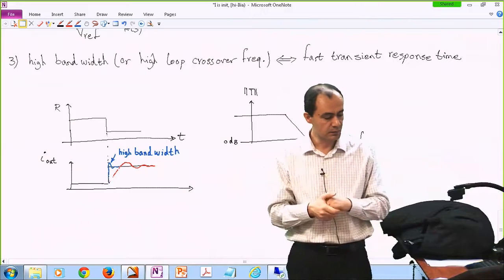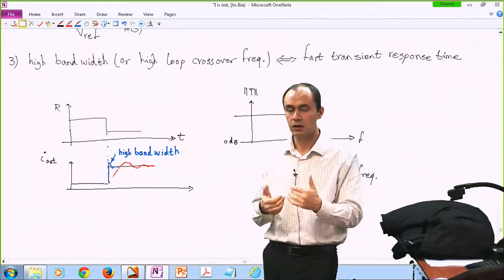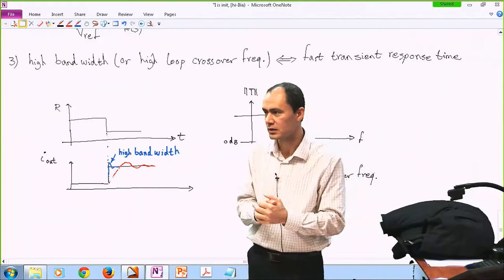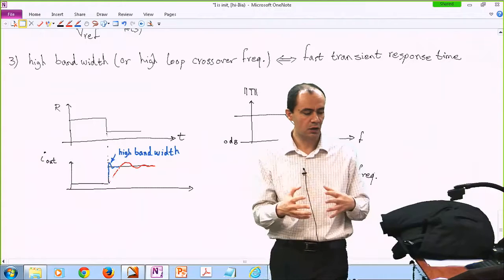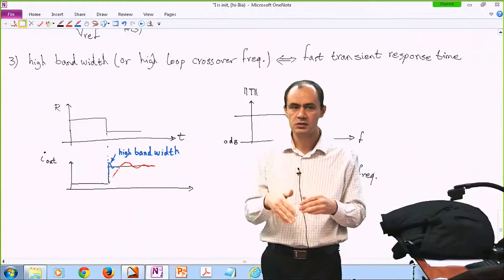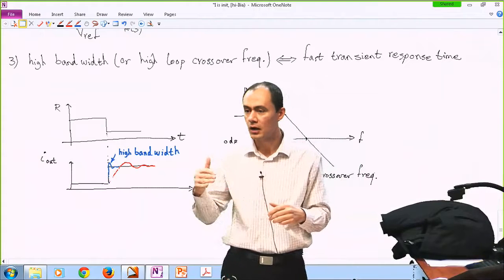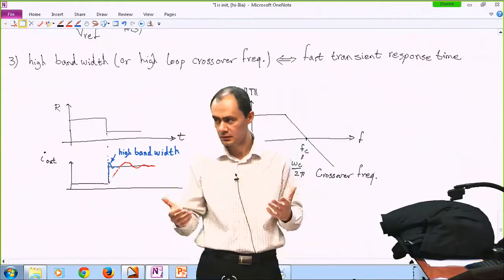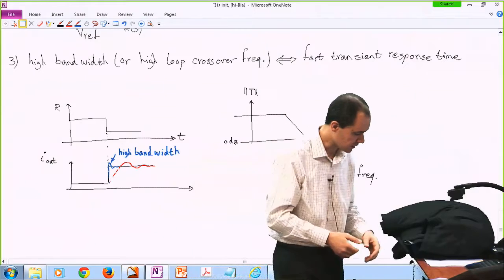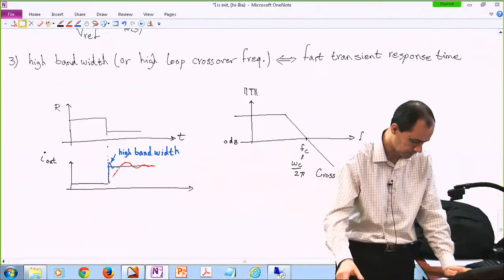The red one might be 10 times smaller, maybe 100,000 radians per second. So ideally, we would like our loop gain to cross the 0 dB line at the highest frequency possible to have the fastest system possible.